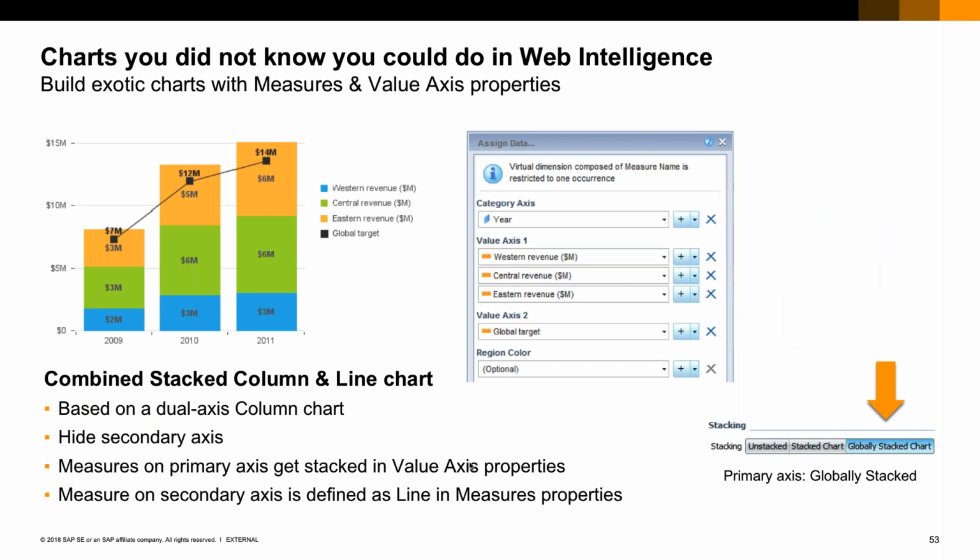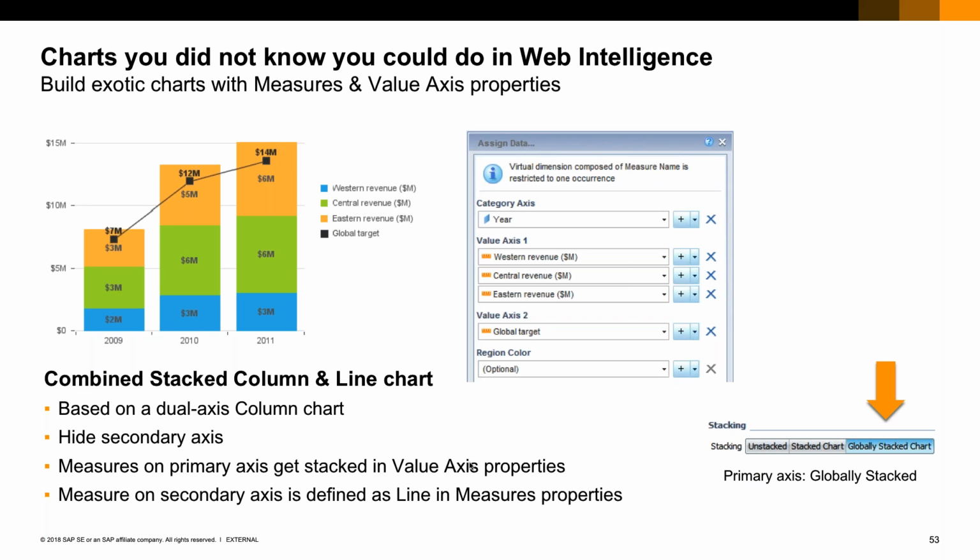Another chart you can build in Webi is a mix of stacked column chart and line chart. When, for instance, you want to show a target on a stacked column chart, the way to do that is to build a dual axis column chart and hide the secondary axis, because it is similar to the primary axis, so you don't need to show the secondary one.